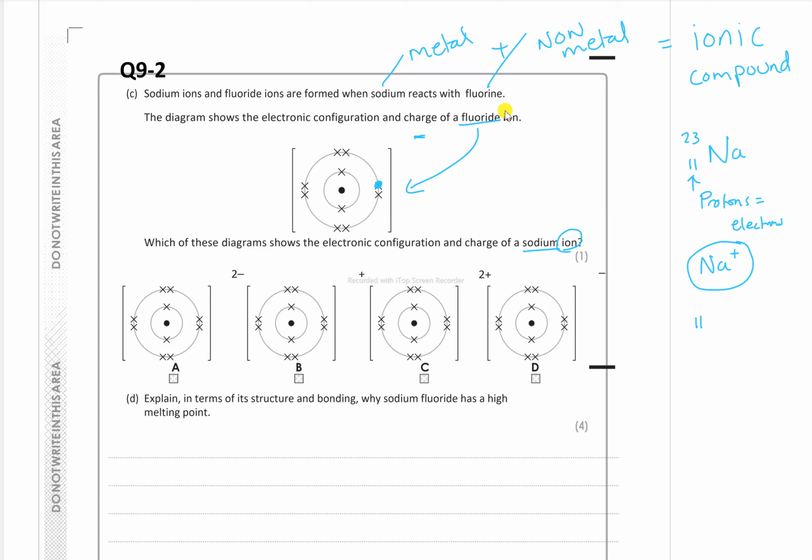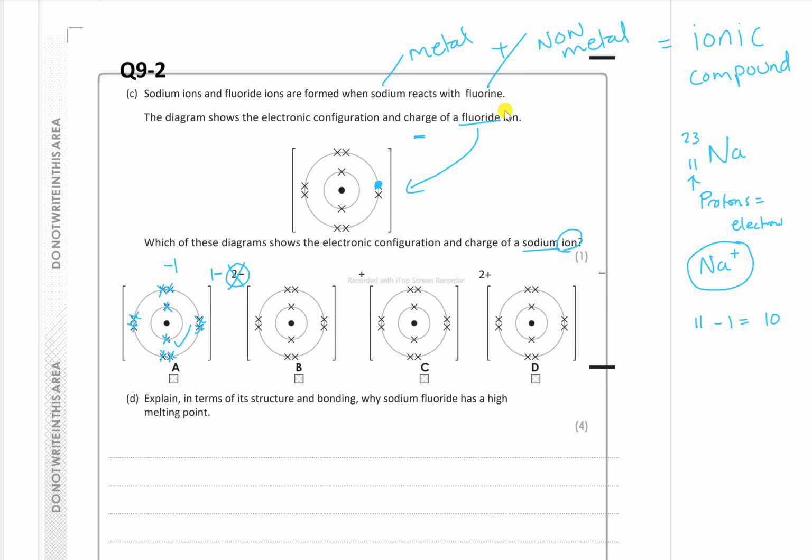So it would have had 11 electrons, it lost 1, so we're looking for 10 electrons. So look, 1, 2, 3, 4, 5, 6, 7, 8, 9, 10. Okay. That's right, but this charge is wrong. We're looking for a 1 plus.